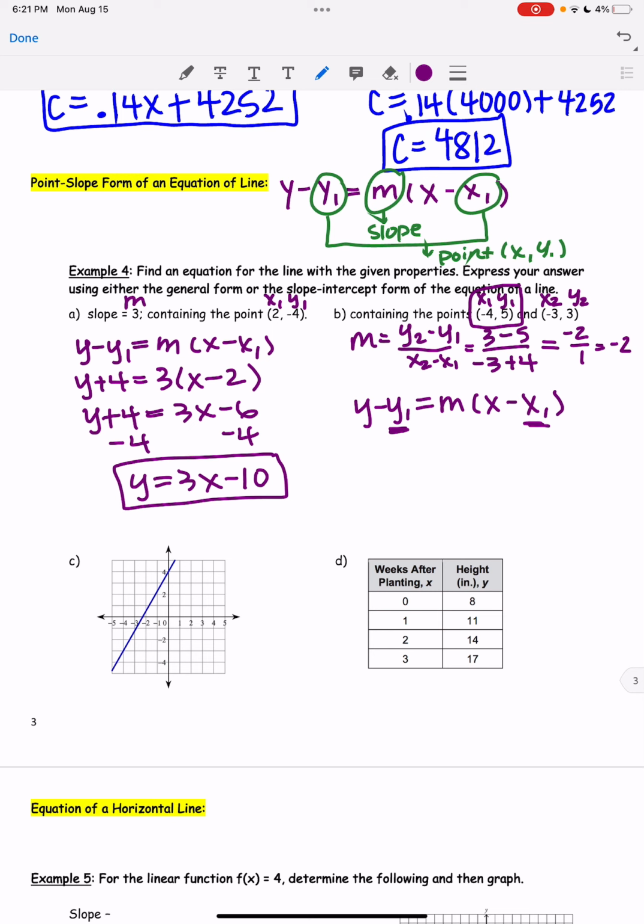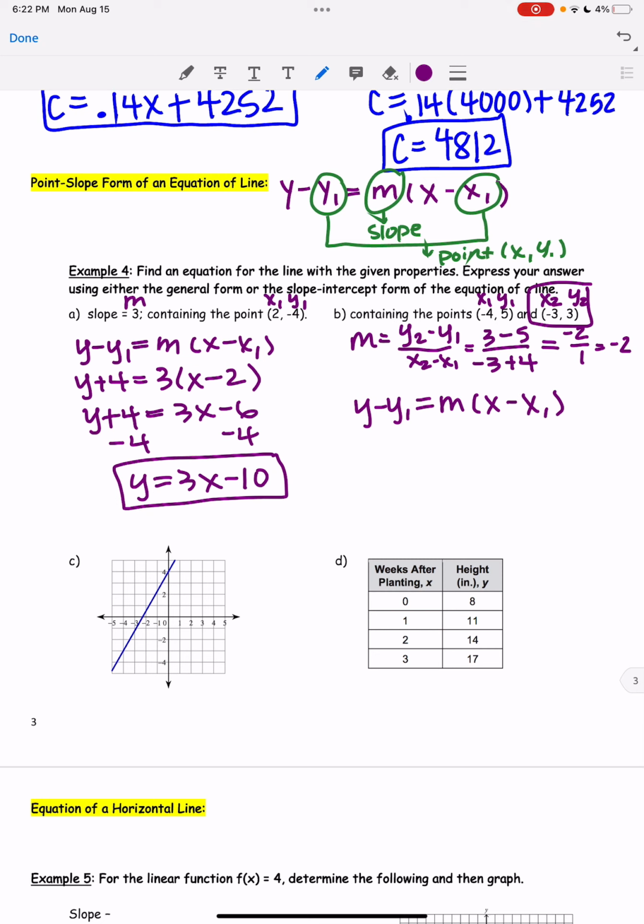So I'm just going to use that. But if you use the second point instead, you get the exact same answer. So if you want to pause the video and use this point for your x1, y1, you can see if you get the same answer as me.